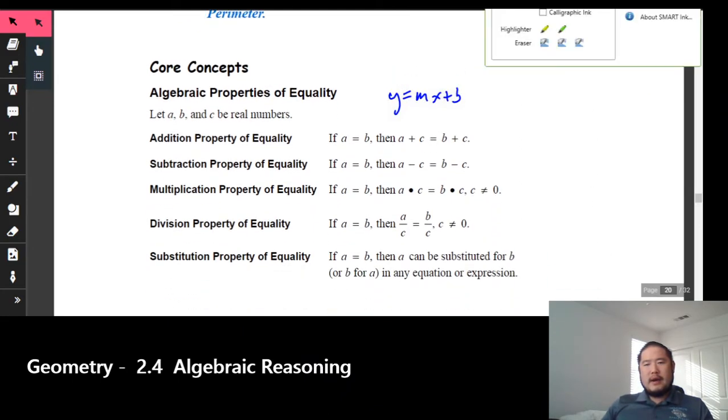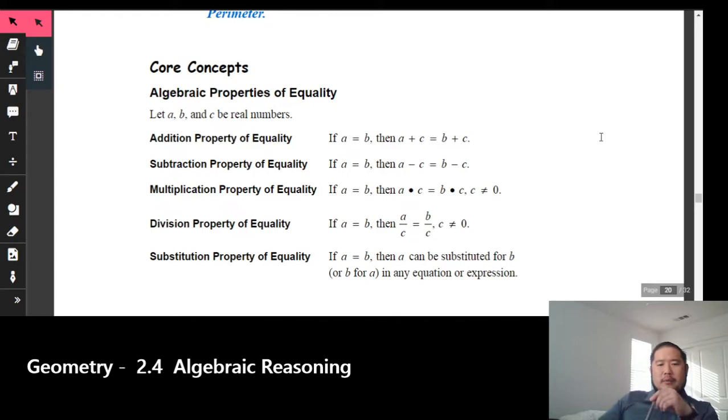Let's take a look now at these algebraic properties of equality. Now, when you do proofs, you're going to figure out, am I using the addition property of equality, subtraction? And we can go ahead and abbreviate. You could say addition, and then for property of equality, we could abbreviate that with POE. And remember, in algebra, when you add something to one side, you have to add it to the other. Addition, POE.